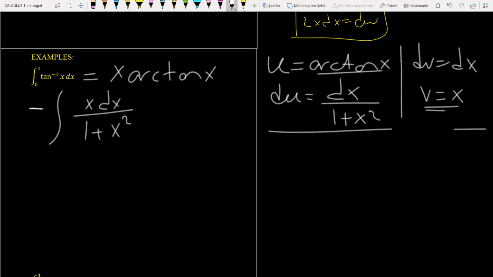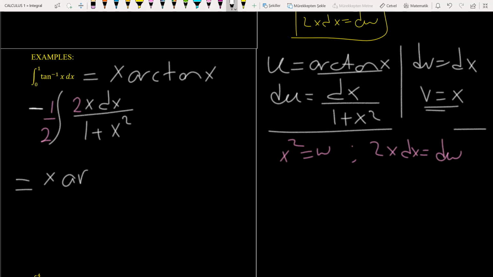Again, if we use the substitution rule for this problem, let's say we have 2 here, 1 over 2 here, and say x squared is equal to w, so in this case 2x dx becomes dw. You will easily have the solution for the second integral.